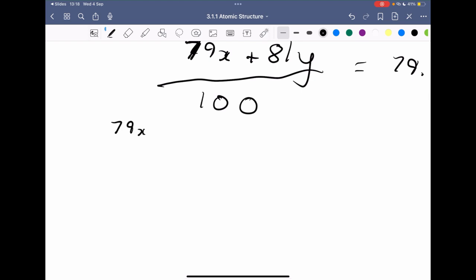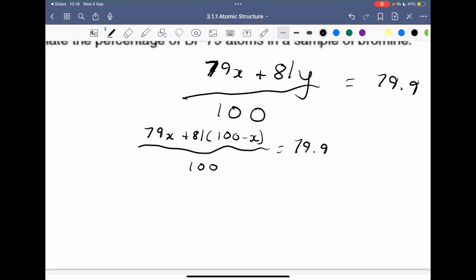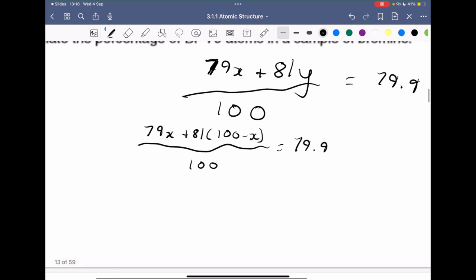So we get 79x plus 81 times (100 minus x), divided by 100, equals 79.9. And now we just need to solve this mathematically. I'm just going to use my calculator to solve it really quickly. Okay, and I get x is equal to 55%.